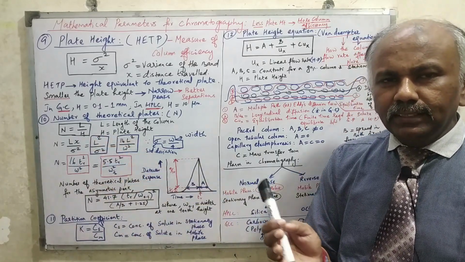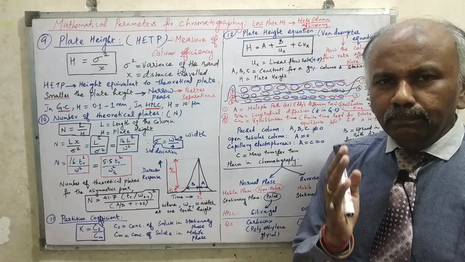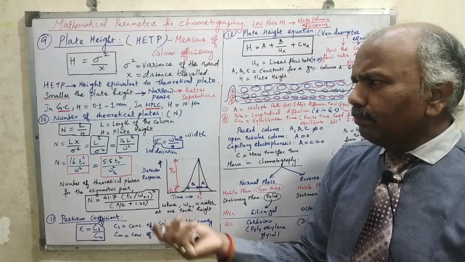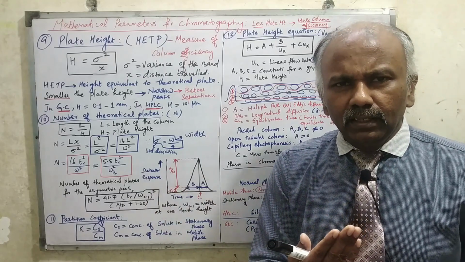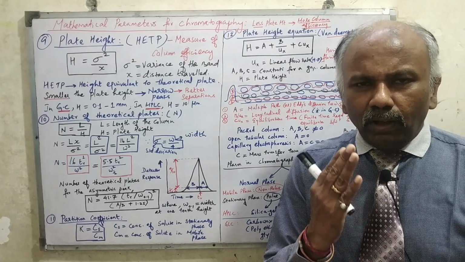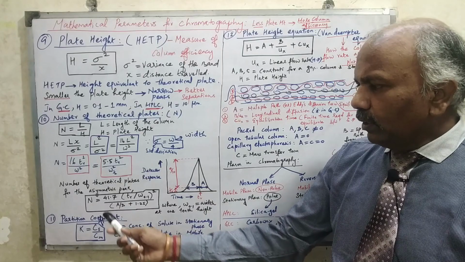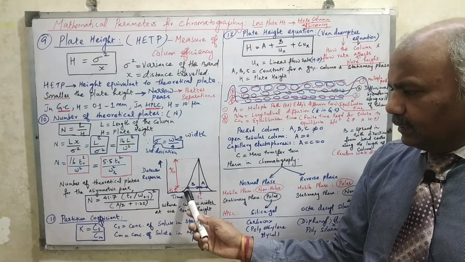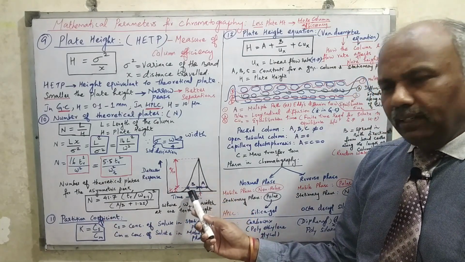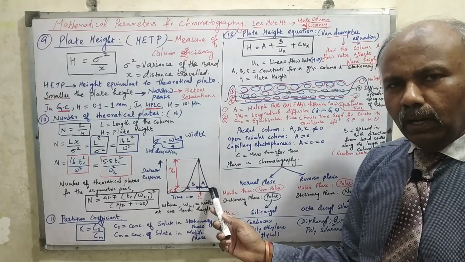N is equal to L by H is the formula generally used for calculating the number of theoretical plates for symmetric peaks. Whereas sometimes you have an asymmetric peak, which is not following the Gaussian distribution, so for an asymmetric peak the formula will be a little different. So what is the formula we are using? Suppose this is a peak we are getting, there is an asymmetry, the B portion will be broader and the A portion will be smaller.